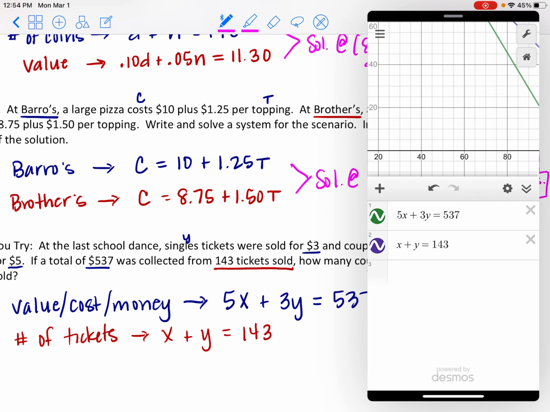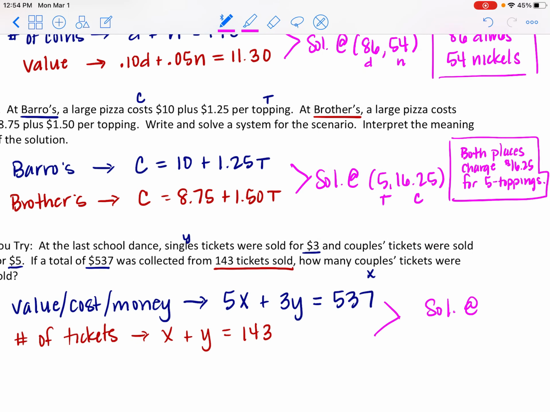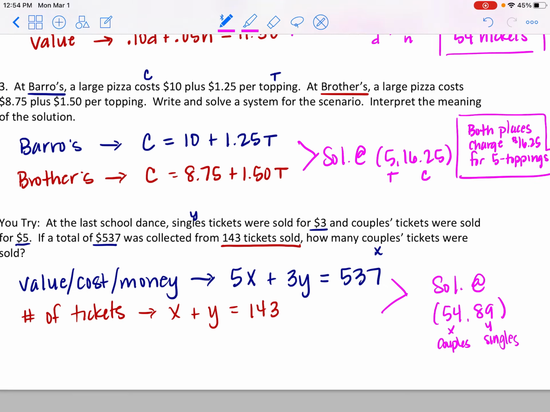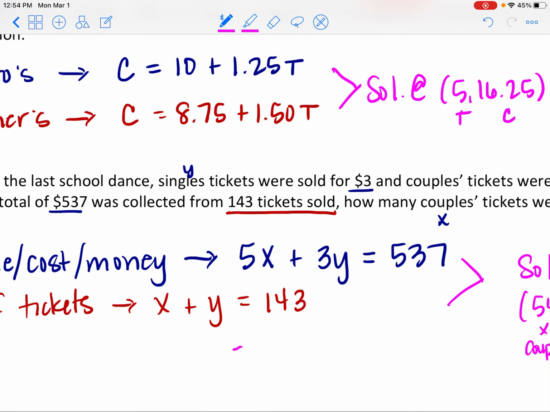And big numbers, let's zoom out, and there is our solution at 54, 89. And x's were couples. Y's, we said, were singles. And so this question really only asked how many couples tickets were sold. That would be 54.